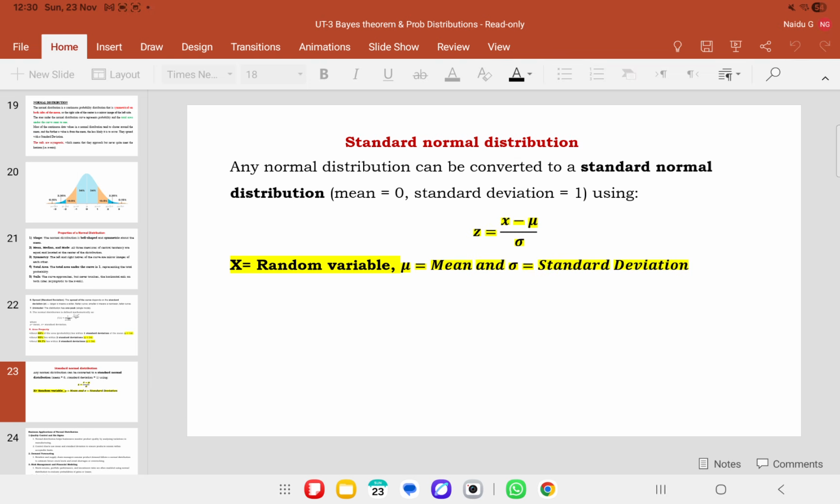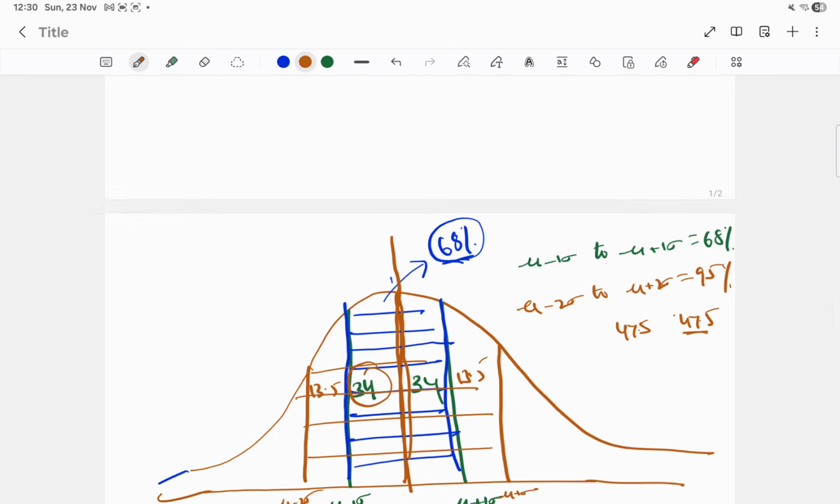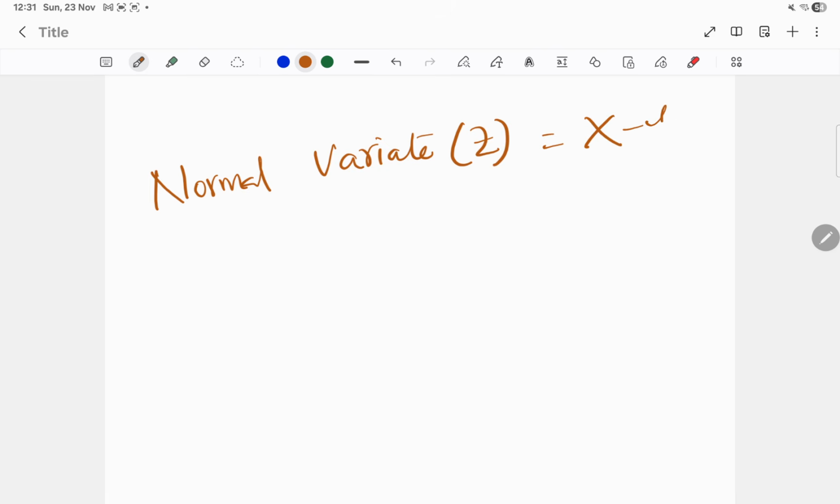After that, whenever you are dealing with an experiment which satisfies the condition of normality, the unknown probabilities are calculated by the normal variate, which is calculated by a formula. It is represented by Z, and it is calculated by x minus mu by sigma, where mu is equal to the mean and sigma is equal to the standard deviation.